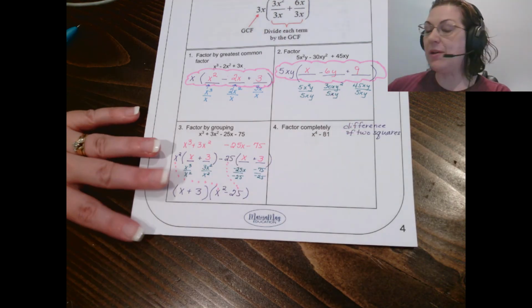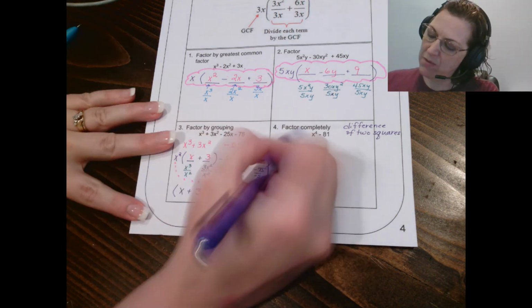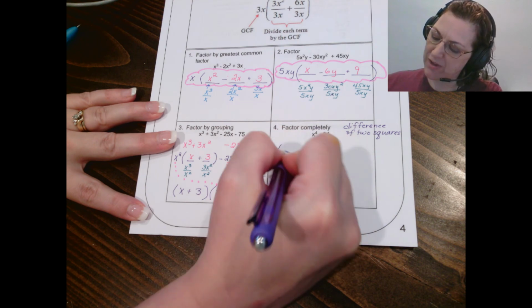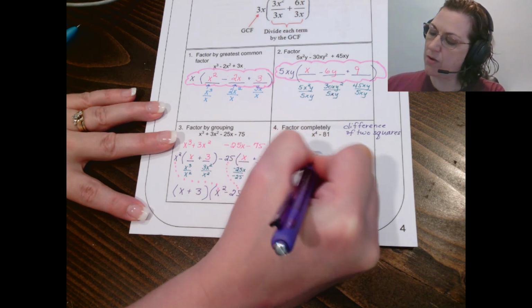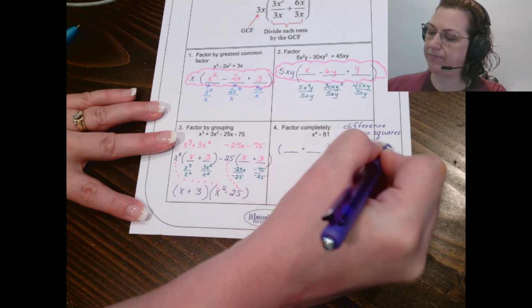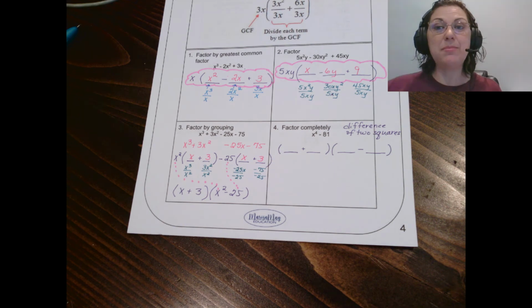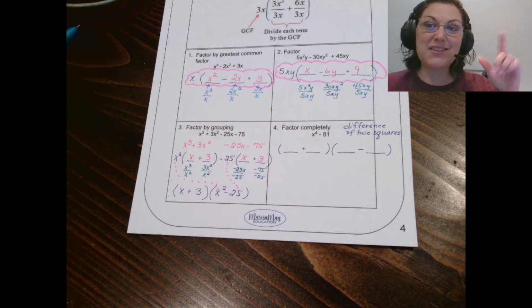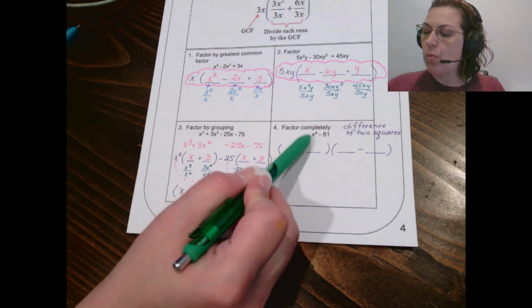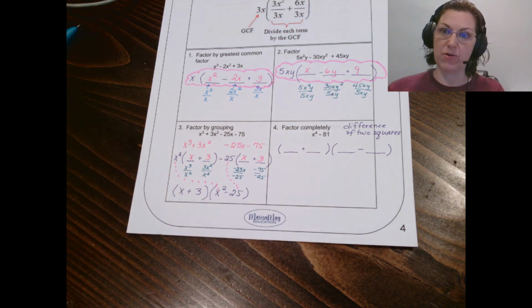When we have two perfect squares being subtracted, then we can factor into two parentheses, one with a plus and one with a minus. What goes in the blank is actually the square root. So what times itself would give us x to the 4th?